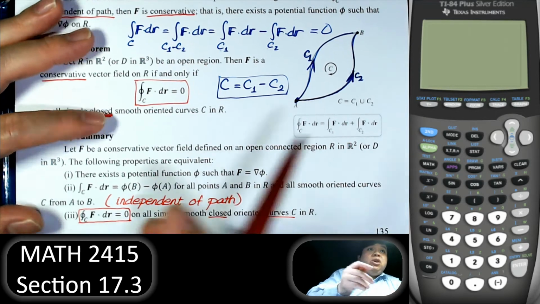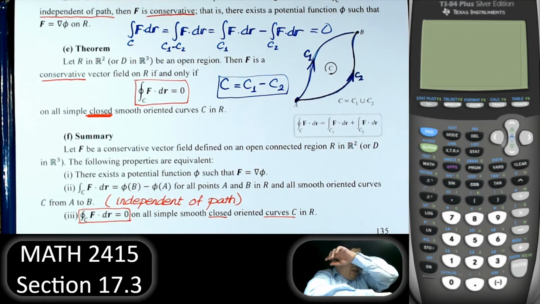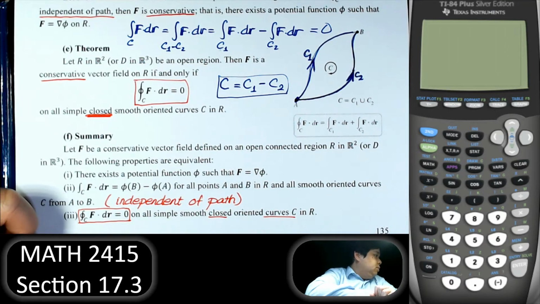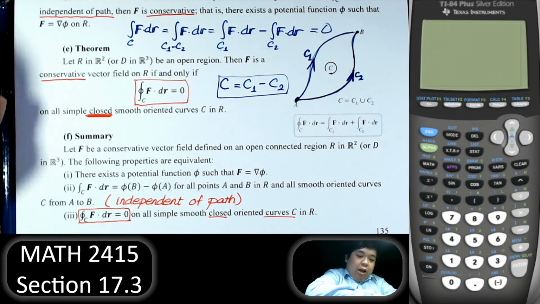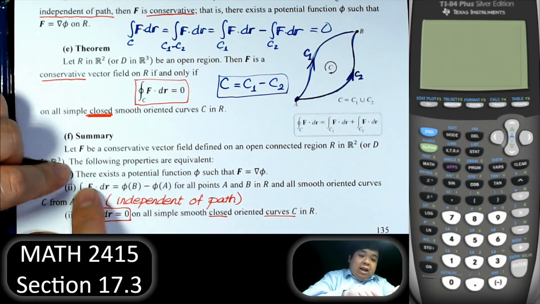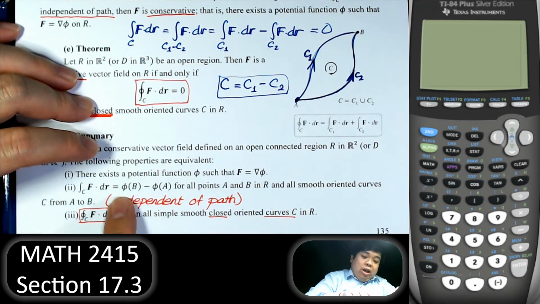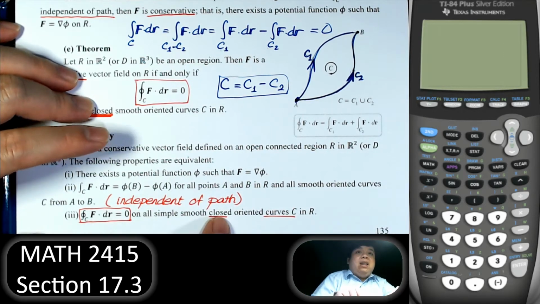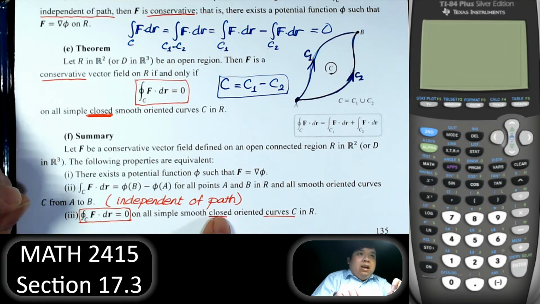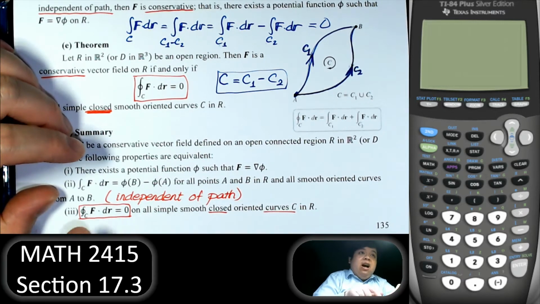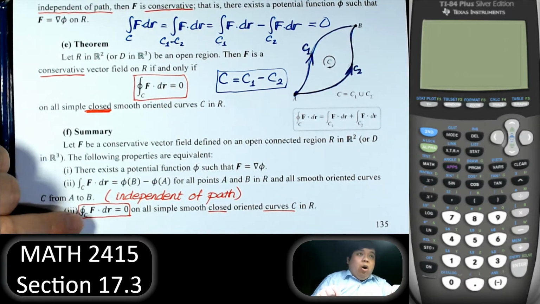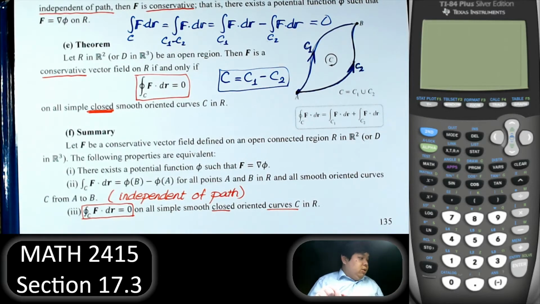So those three conditions are equivalent if the vector field is conservative. Once again, if it is conservative, then there's a potential function. And if there's a potential function, it is independent of path. And if it is independent of path, then the line integral on every closed curve is equal to 0.